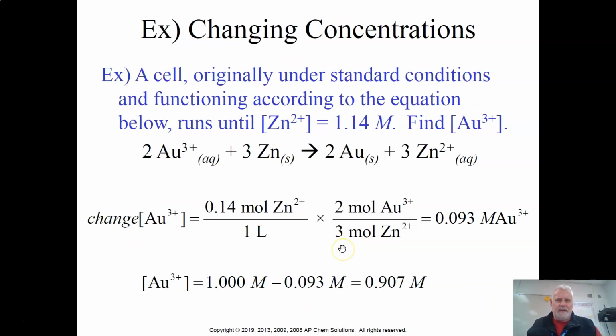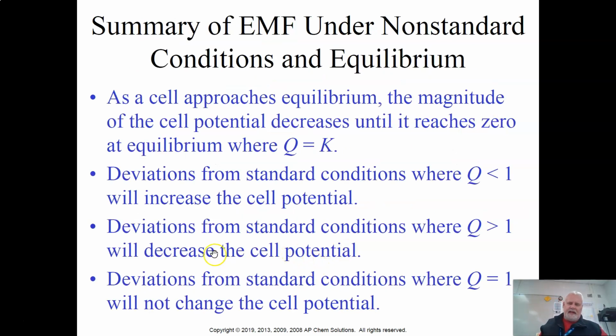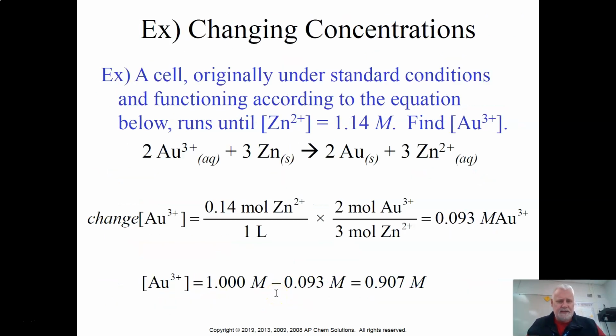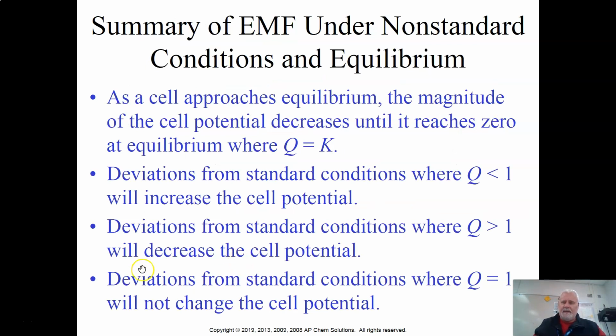So that was an understanding of what happens when we're at non-standard conditions, and we'll continue that on with changing the concentrations on our next slide, or on our next video. Okay, so this is the end of lecture 1 of this part of the packet.